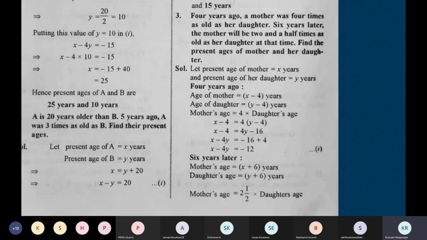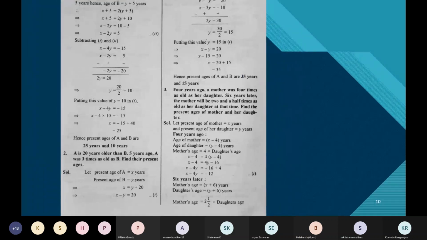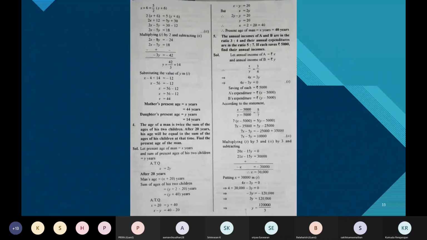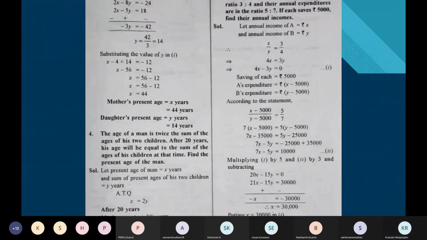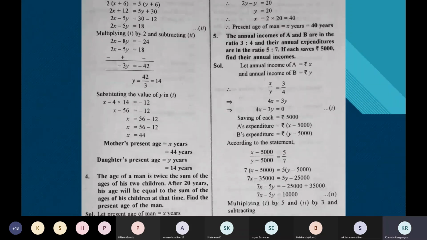Next slide. All right, here is the next one, the age of a man.